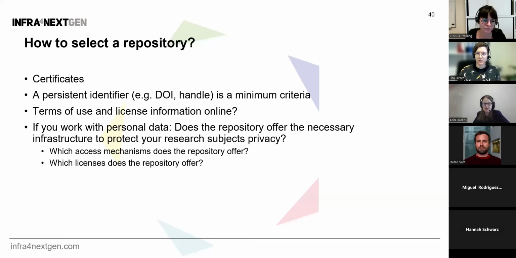If you work with personal data, sensitive data, an open license likely is not appropriate, and you likely have to restrict the reuse options of your data. Especially in the social sciences, there is a very good infrastructure already available, and some repositories offer licenses specifically for the needs of social science data that also contain personal data.